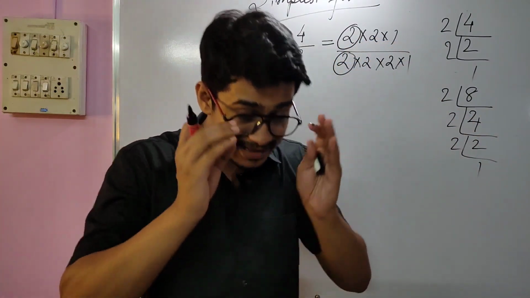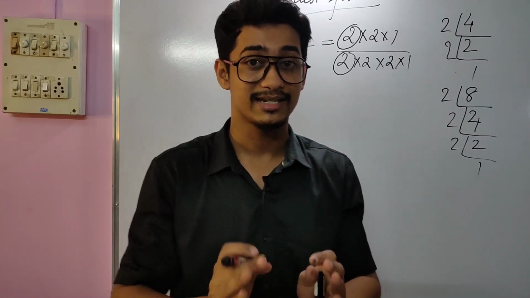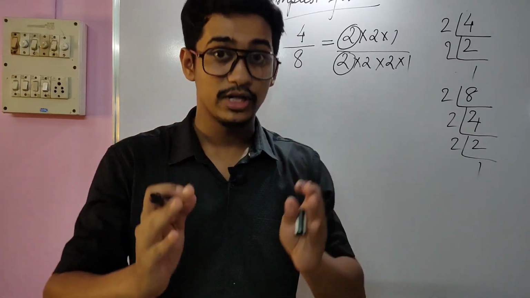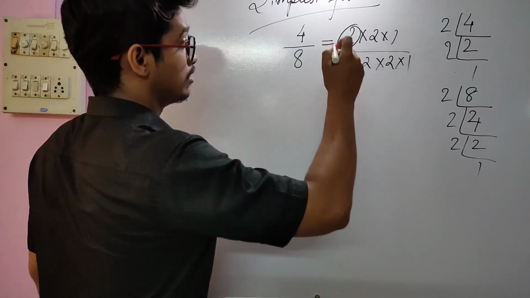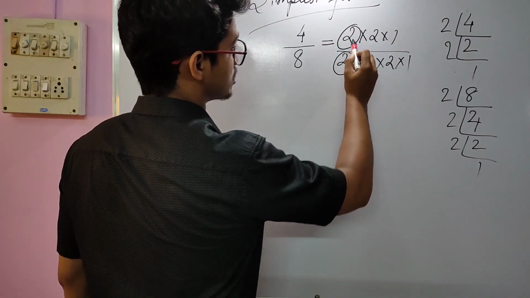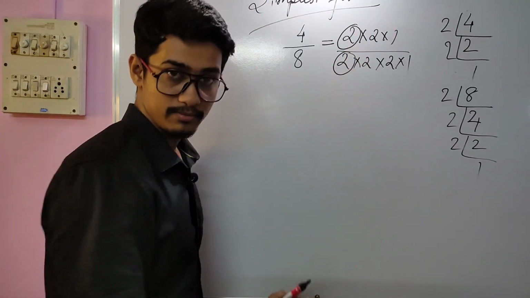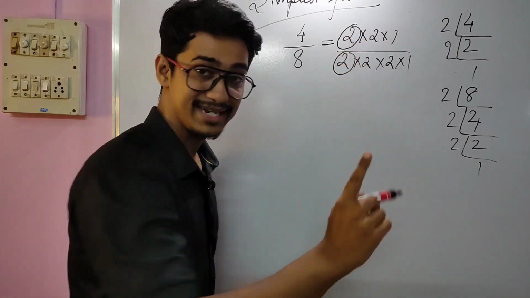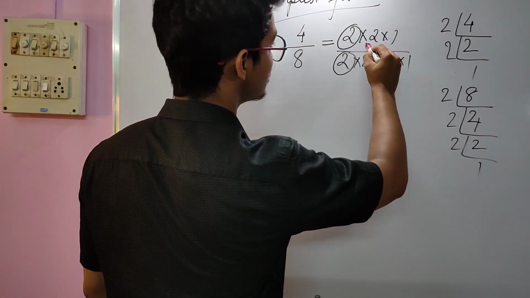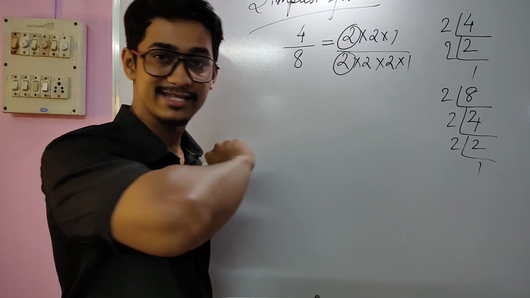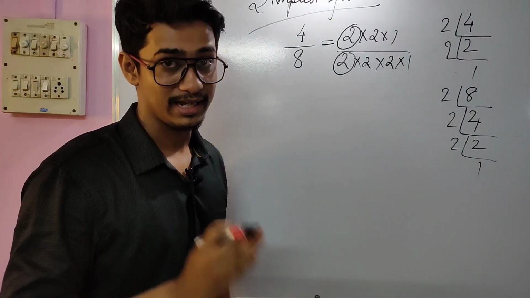Now see, this line is very, very interesting and you have to understand it very carefully. When two numbers in the denominator and numerator are the same, but they must be in multiplication form, there is no addition over here.